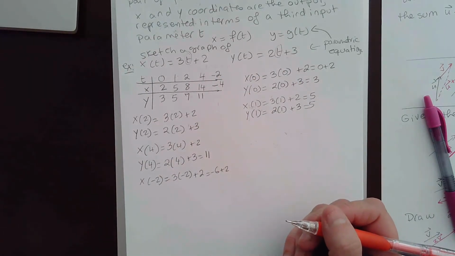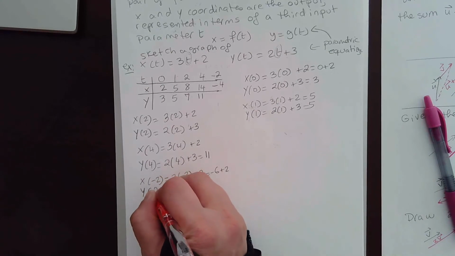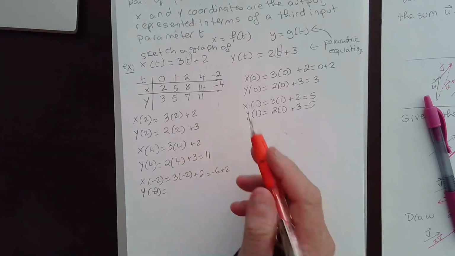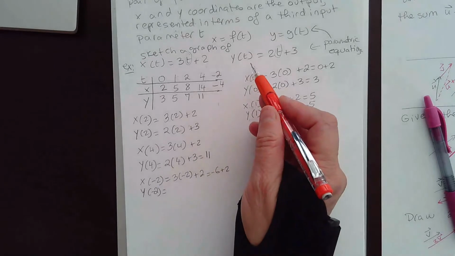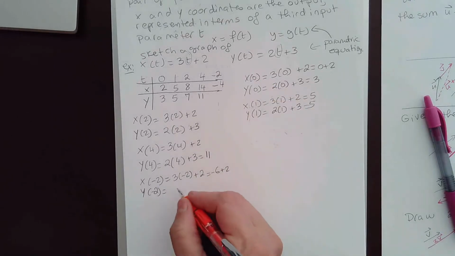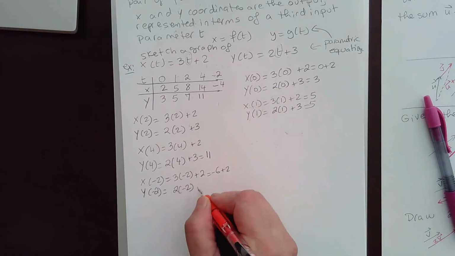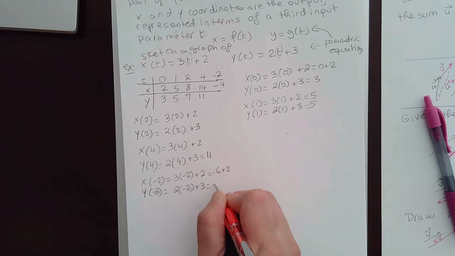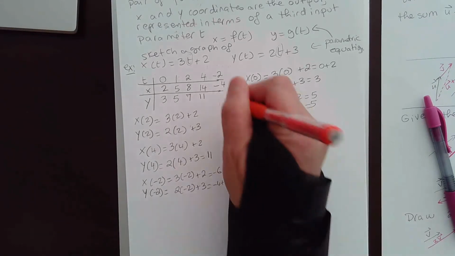And let's do y at -2. Now again, we replace t with -2. We get 2 times -2 plus 3. So -4 plus 3 is -1.